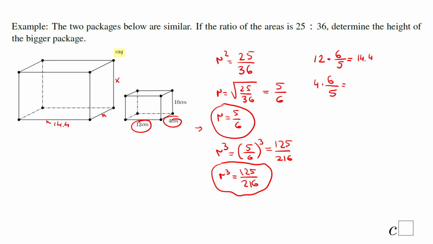And that will be, again using a calculator, 4.8. And the last thing, we're going to do 10 times 6 over 5. This 5 goes in 10 two times, and 2 times 6 is 12. So you see, just by knowing these two packages are similar, we can do a lot of things.